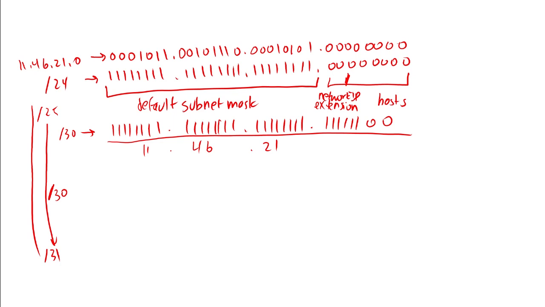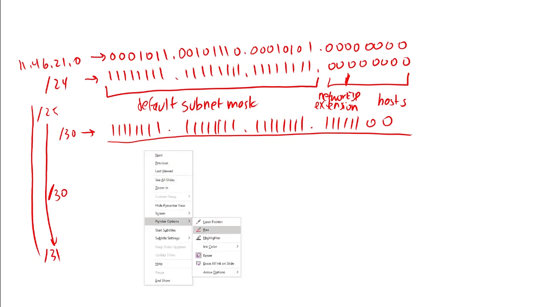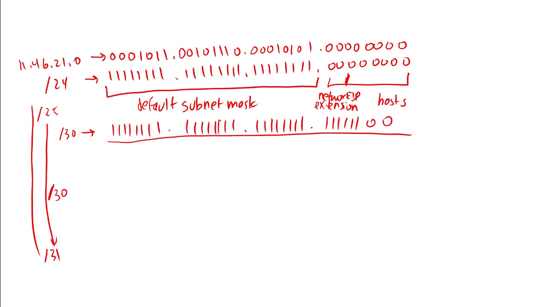If you wanted to see, let's undo this and just do it again, for the slow people. So we created our /30 mask. And now I'm going to copy it.